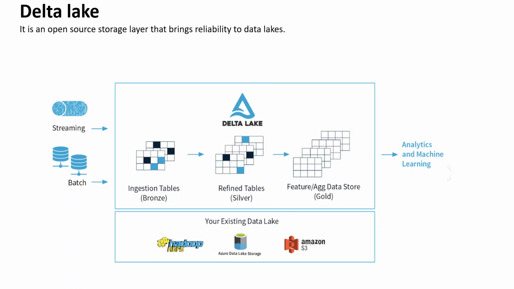Then we can move that data into different marts. These are the same things that we do in a traditional database too. So I want to say here that with the help of Delta Lake, we can do most of the transactions in Delta Lake that we do in a traditional database.